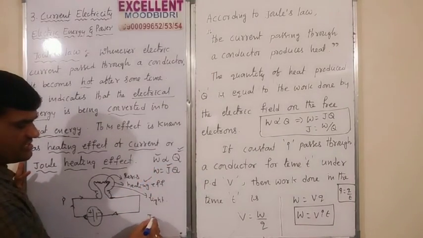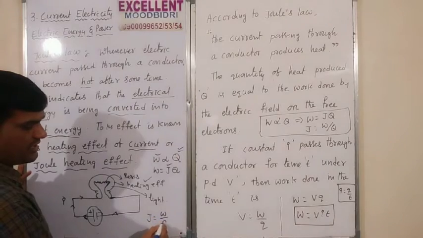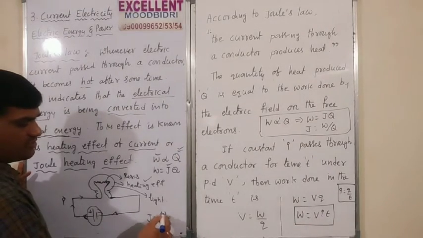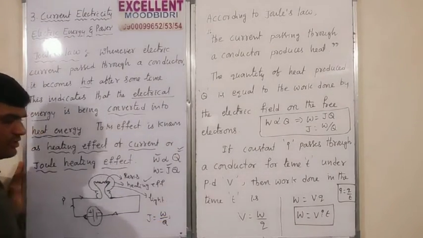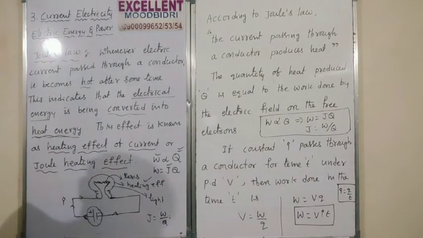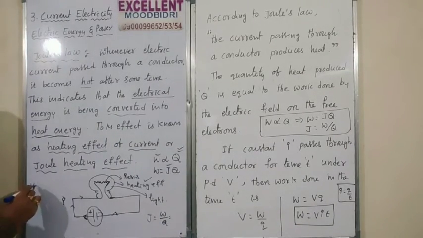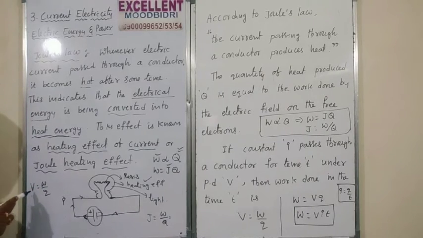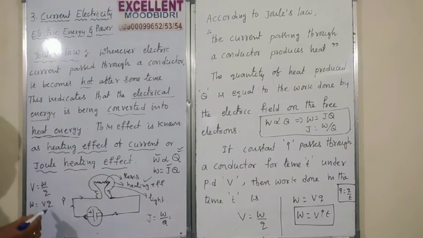Therefore J = W/Q. Where W is, you know, in the general formula the potential V = W/Q. Therefore W = VQ.